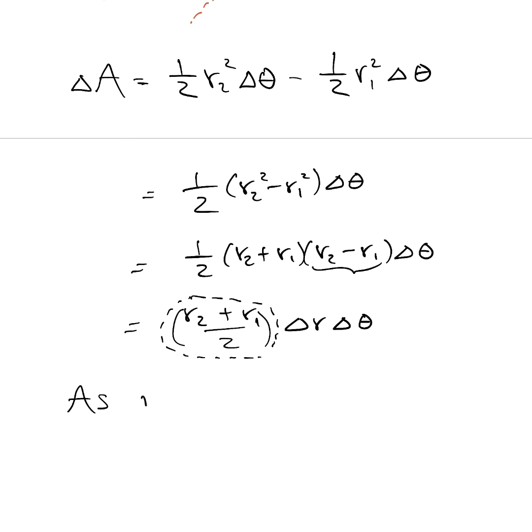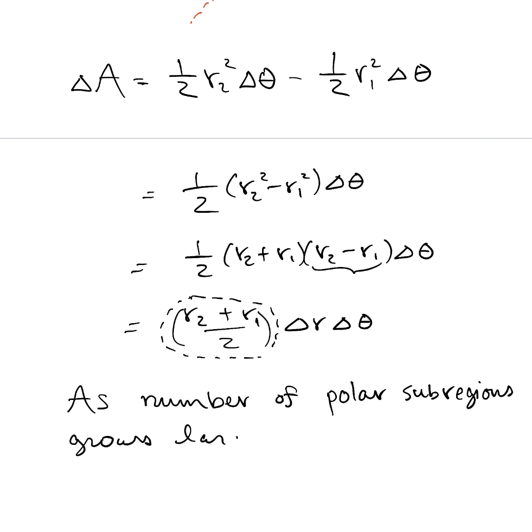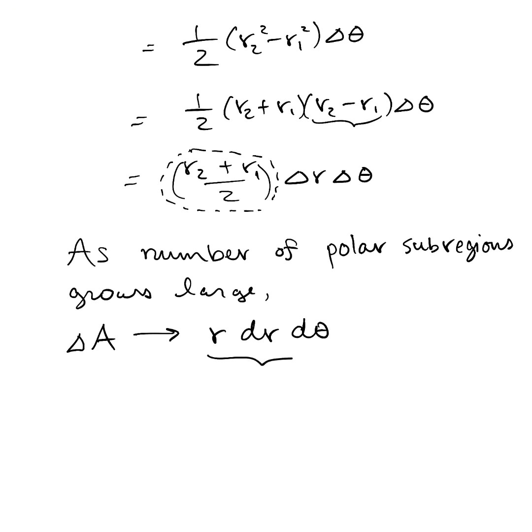As the number of polar subregions grows large, delta A approaches r dr d theta, and this thing serves as our dA.